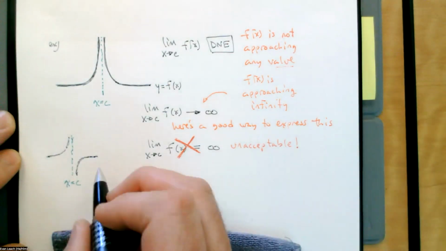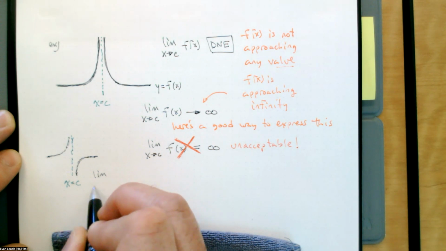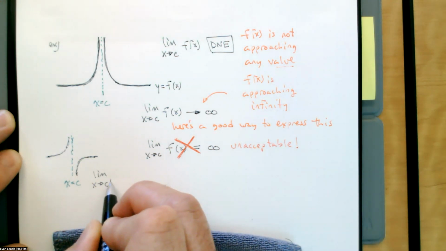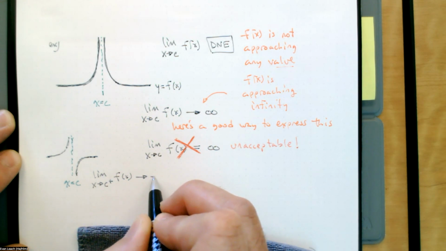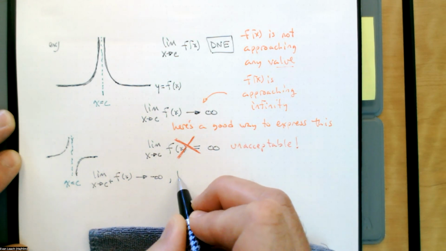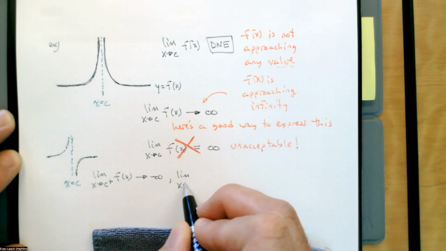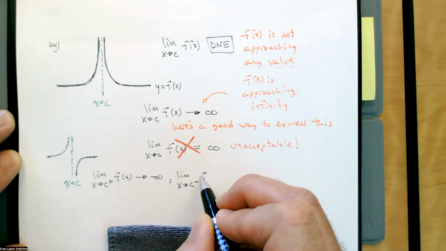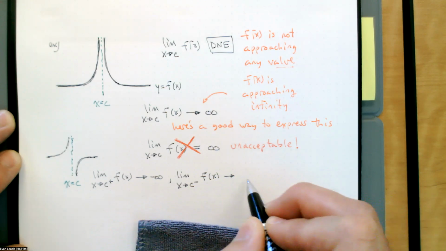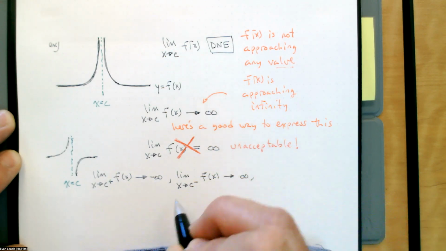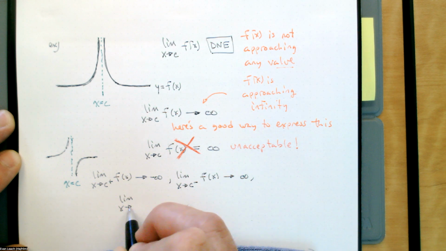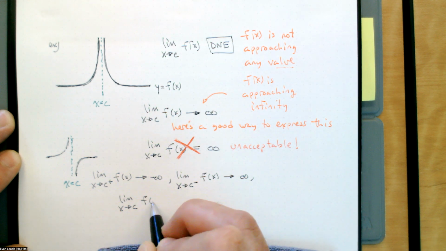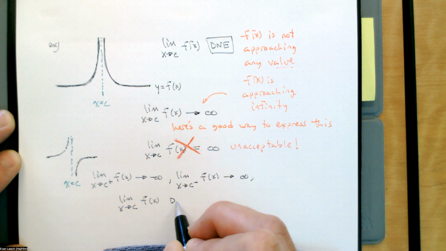So we might, in this case, say that the limit as x approaches c from the positive side of the function approaches negative infinity, and the limit as x approaches c from the negative side of f of x approaches positive infinity, but the limit as x approaches c, the best we can do is does not exist.